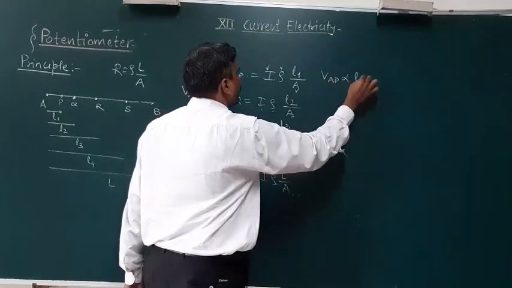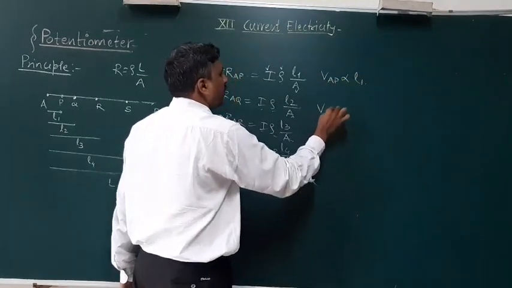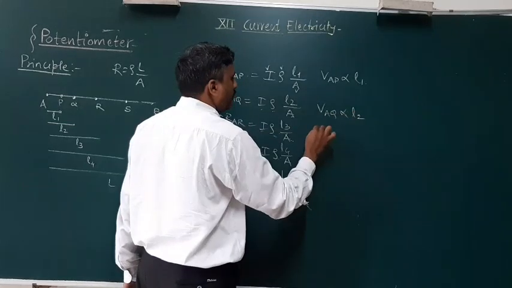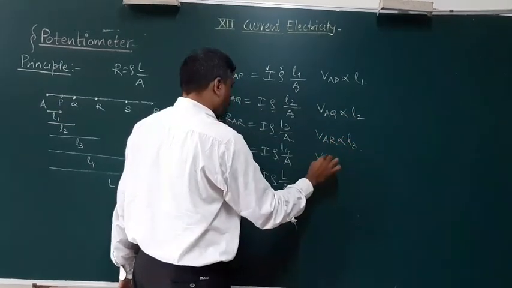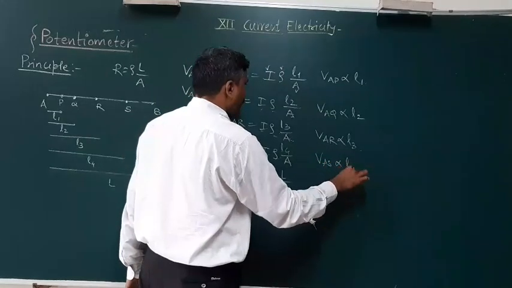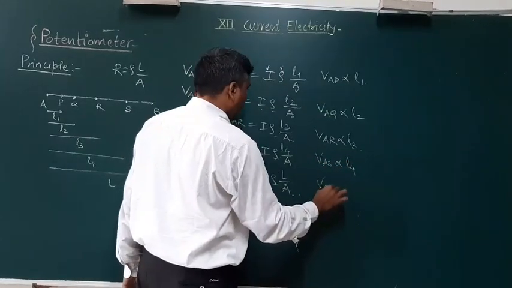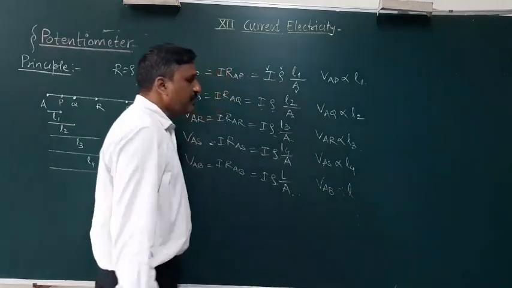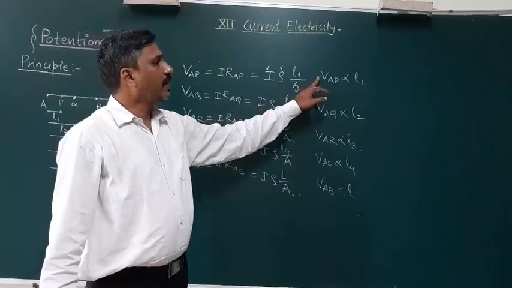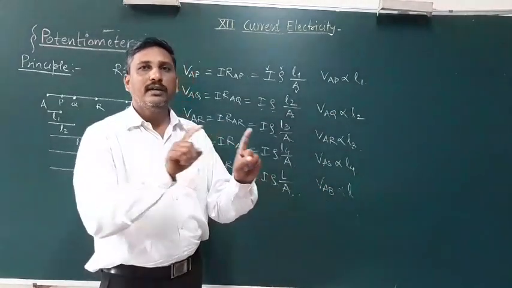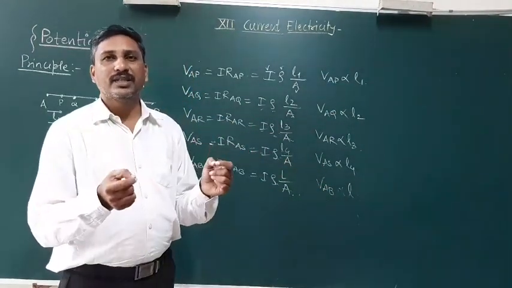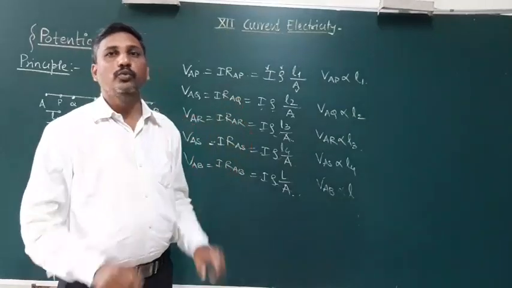VAT is proportional to L1, VAQ is proportional to L2, VAR is proportional to L3, VAS is proportional to L4, VAB is proportional to L. It means the potential difference between any two points is directly proportional to the length or distance between those two points.